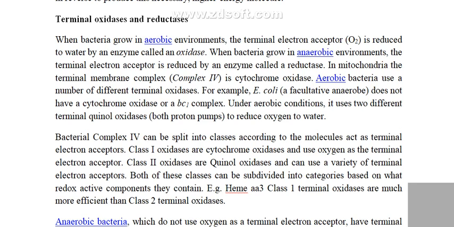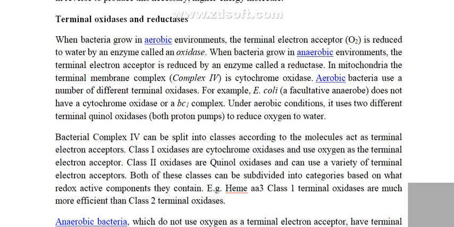But when bacteria grow in anaerobic conditions, the terminal electron acceptor is reduced by the enzyme called reductase. In mitochondria also, the terminal complex, complex 4, is cytochrome oxidase. Usually you will find that there are different terminal oxidases. In E. coli, a facultative anaerobe, it has cytochrome oxidase or BC1 complex. This is your terminal electron acceptor in which it reduces oxygen to water.